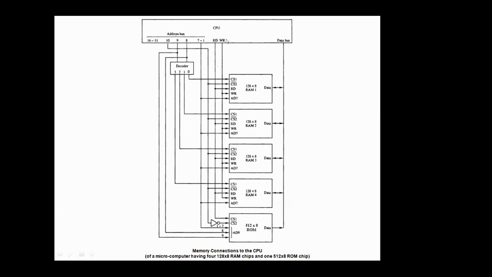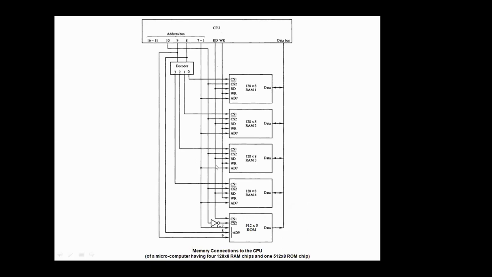And there are the read and write control lines, and obviously read and write will go to each RAM. The same read and write lines will go to each RAM. And to ROM, only the read line will go, and it will go to CS1.